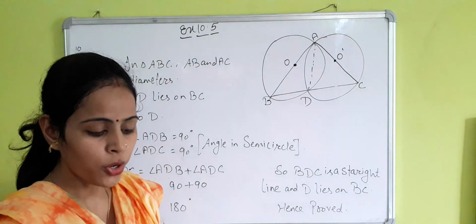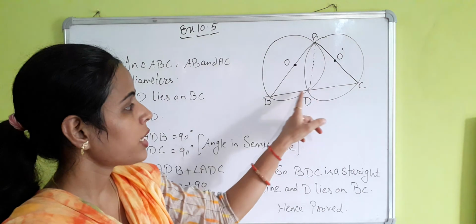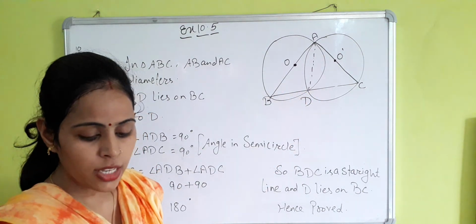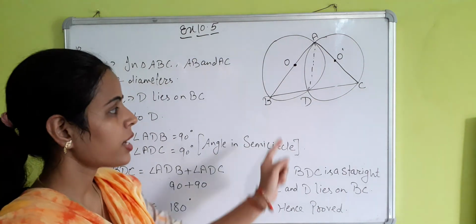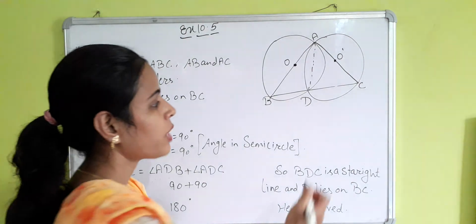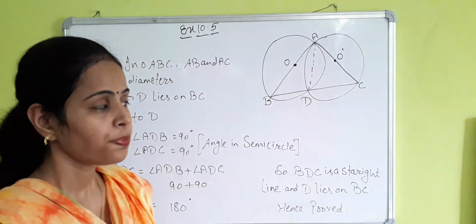Prove that the point of intersection of these circles, point D, lies on the third side BC of this triangle ABC. You have to prove that this point D lies on this side BC.